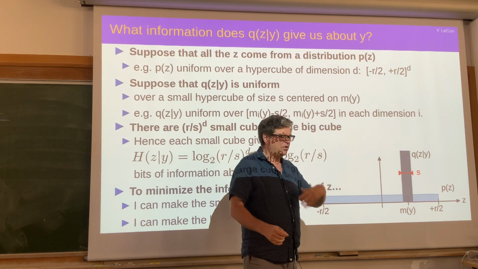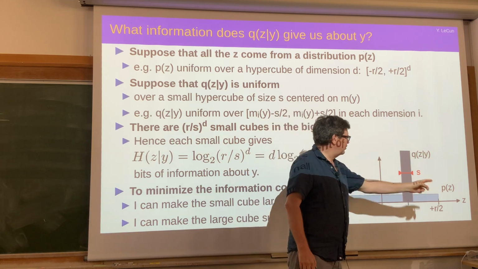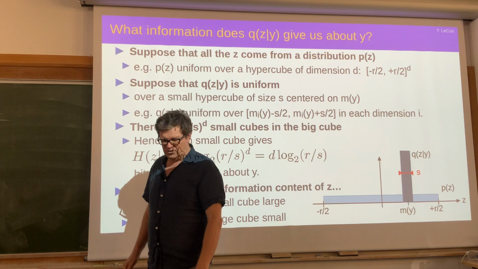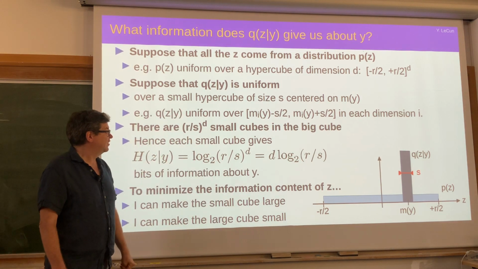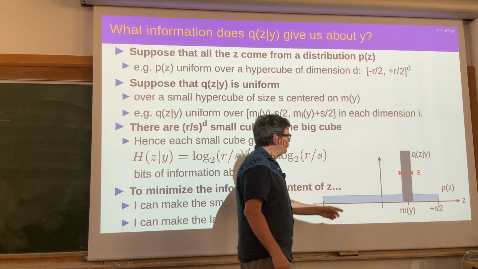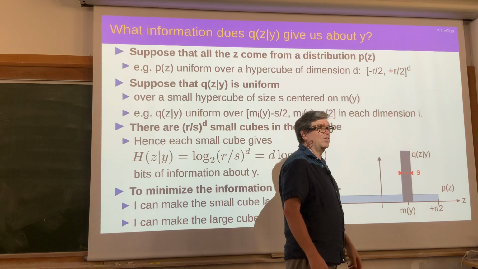And when I run through my training set, all of my Z's turn out to be a uniform distribution in a cube of size R. Now, how much information do I get from any particular Z coming from that distribution, given that the overall distribution of all the Z's is something like this?